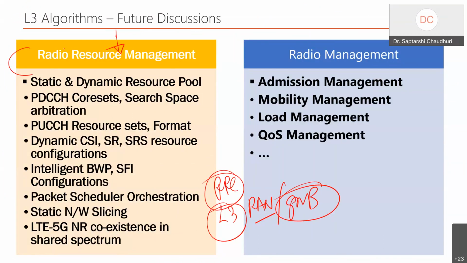Remember one thing: it is the OFDM world that we are talking about. In the OFDM configuration, with respect to my resource pools and a lot of nitty-gritty, this is the dedicated control channel. The search phase and a lot of things get configured by this RRC.